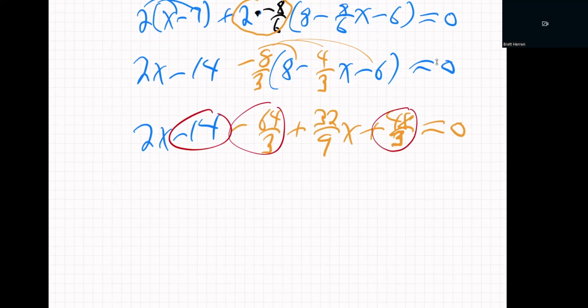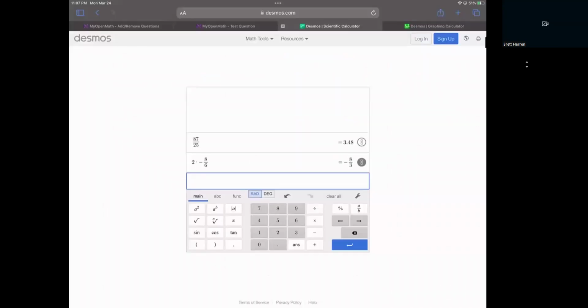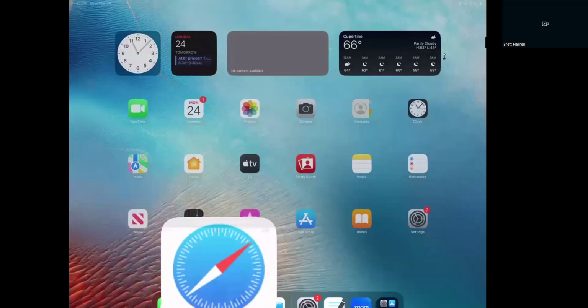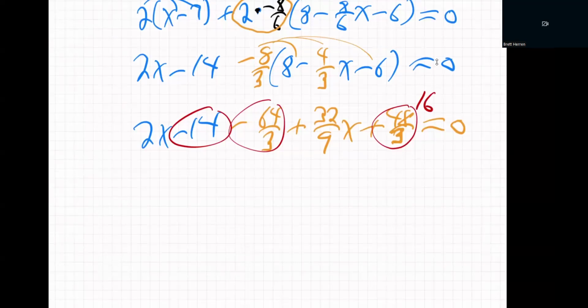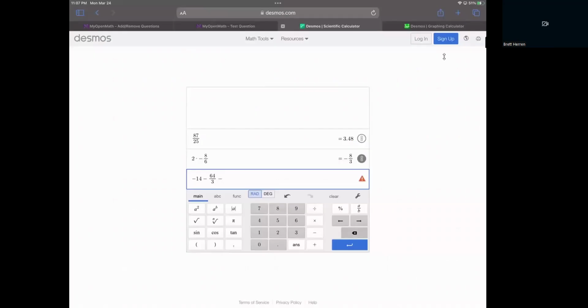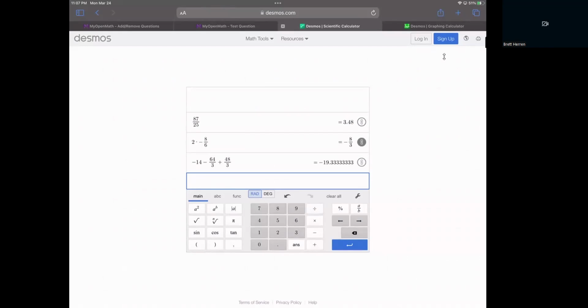Minus 14, minus 64 thirds, and minus, was it 48 thirds or something? This is just 16, but that's okay. Plus 48 thirds. Boom, there we go.